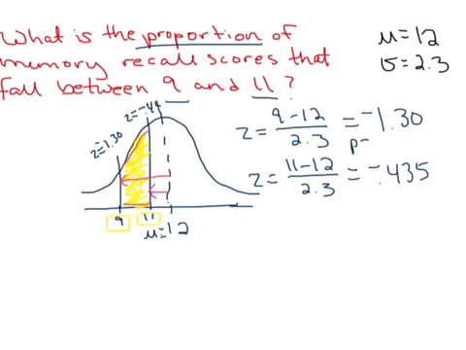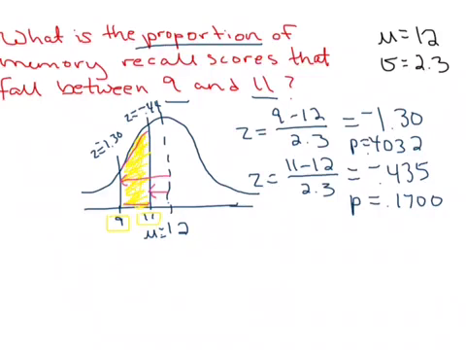P equals 0.4032 is what I'm looking at. And then for z equals 0.44, I'm going to get P equals 0.1700.